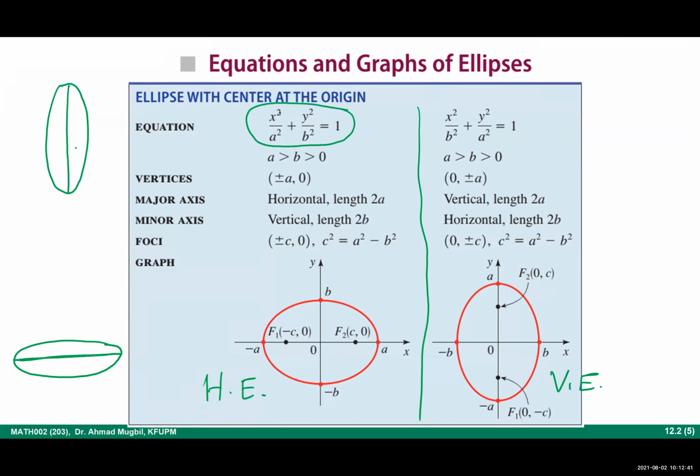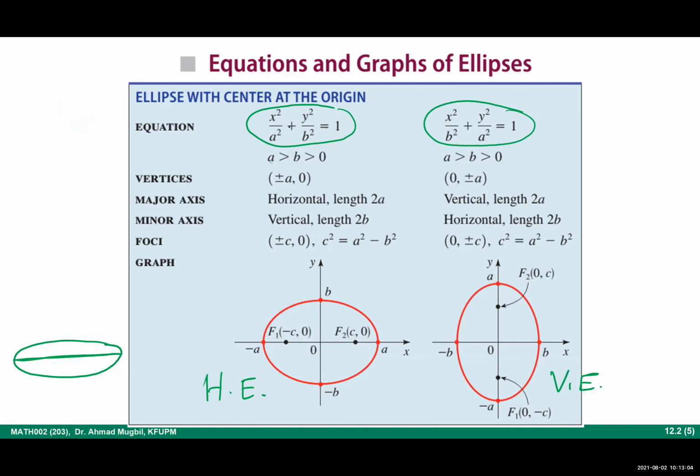What is it? x squared over a squared plus y squared over b squared equals 1. A is always greater than b, and all of them are positive. In both cases, by the way. This is not just for horizontal, it is for all types. What is the difference? If you look at the equation here and this equation, what is the difference between them? All of them are x squared plus y squared.